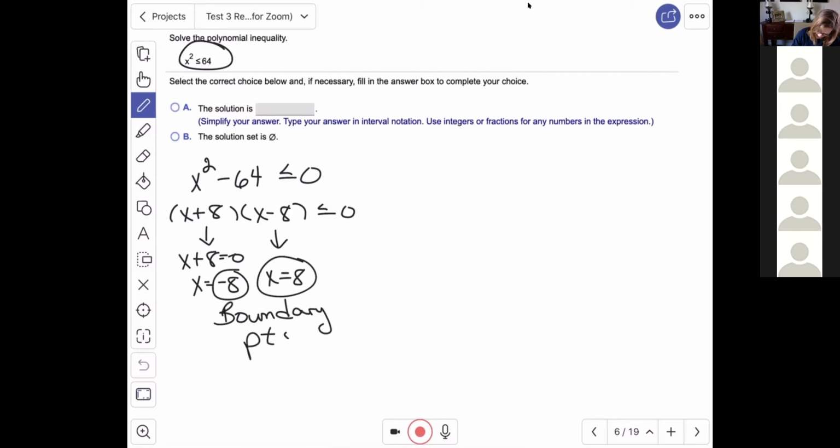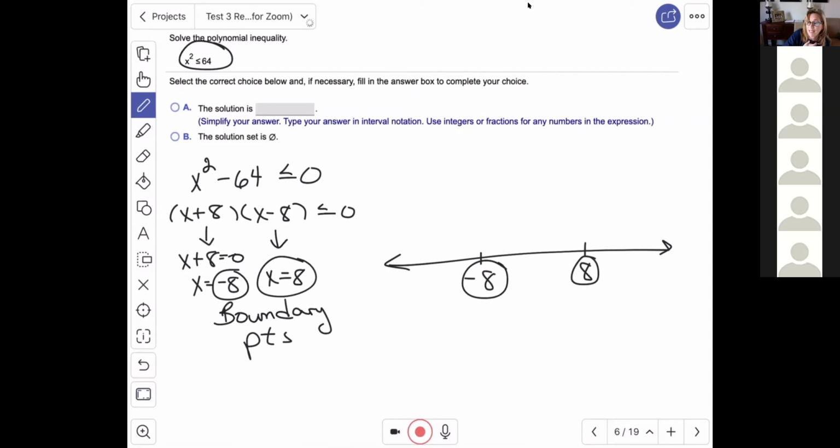They're basically the values that you're going to plot on your number line. -8 and 8. Makes sense? So make sure they're factored. Those 8 and -8 are the two values of x that make this function equal to 0. And we're actually solving for less than or equal to 0, so 8 and -8 are actually part of the solution.